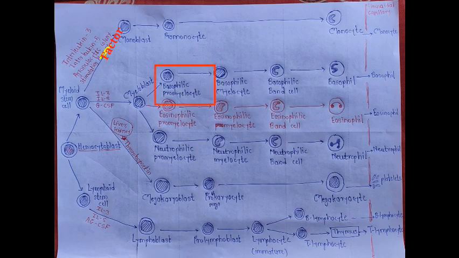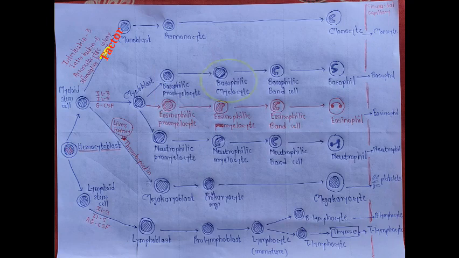Now about the basophilic promyelocyte. Here the gene gets activated and it synthesizes different kinds of granules which make it different from the other two cells, and it gives rise to basophilic myelocyte.